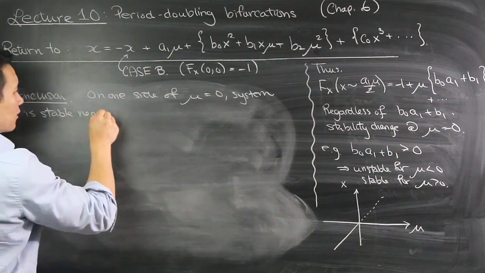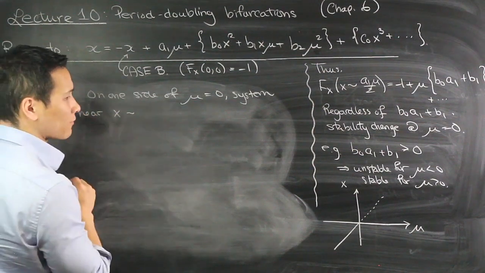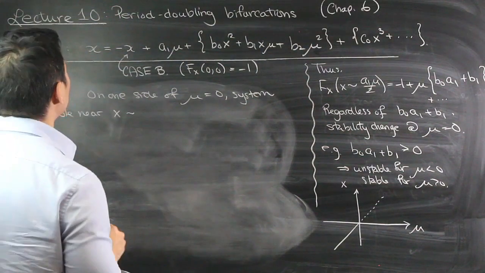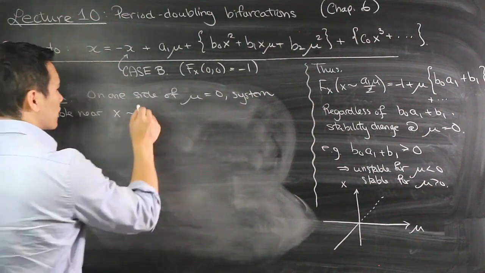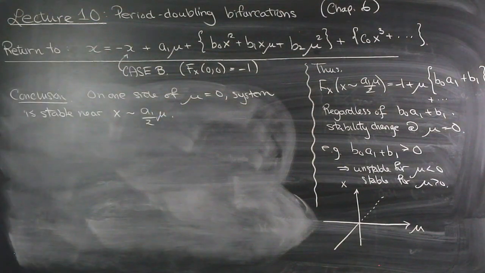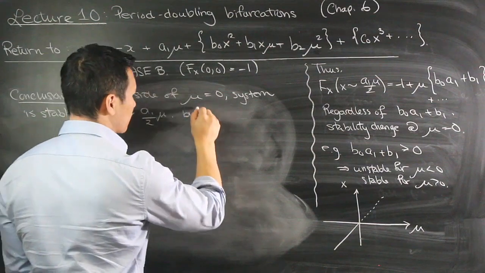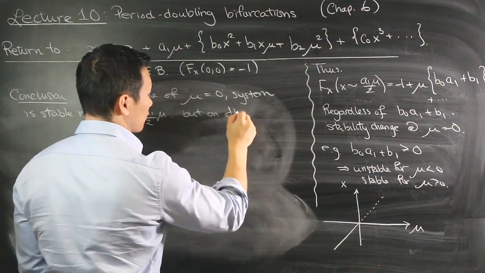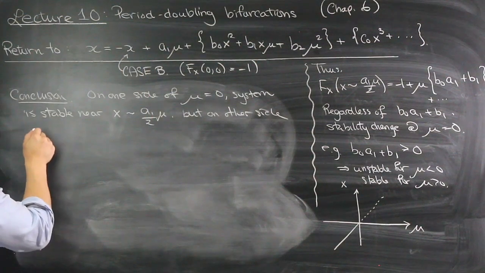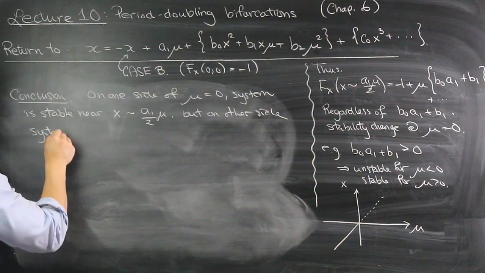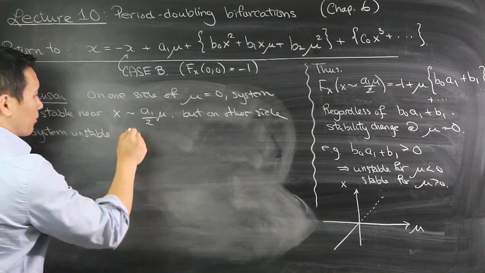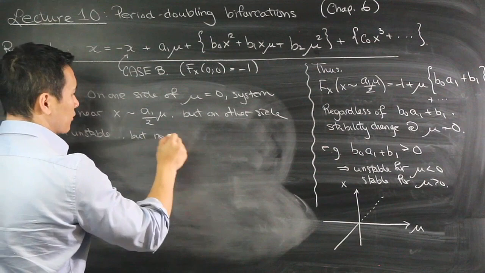And it's going to approach that fixed point of, I don't remember what it was, it was a1 over 2 times mu. But on the other side, it's unstable. But there's no other fixed point.